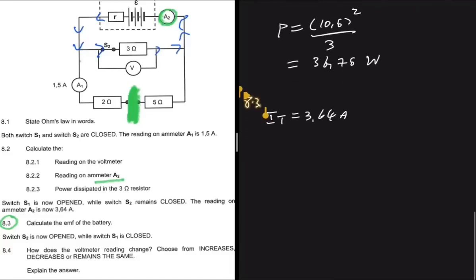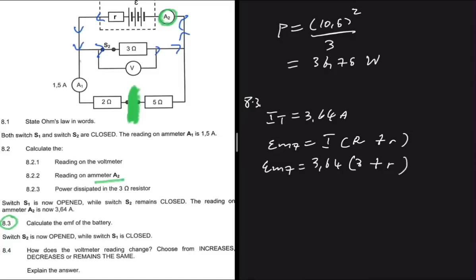To calculate the EMF, we can say that EMF is equal to I multiplied by R plus the internal resistance. So our EMF will be equal to the current, which is 3.64, multiplied by the external resistance, which is 3 ohms, plus the internal resistance. So EMF is equal to 3.64 multiplied by 3, which gives 10.92, plus 3.64R.